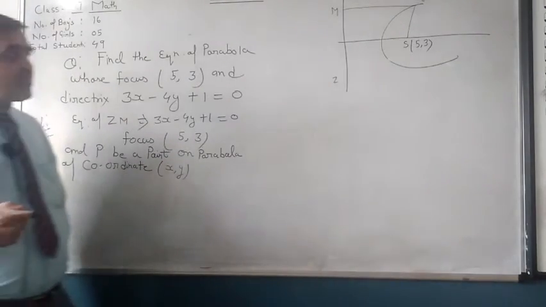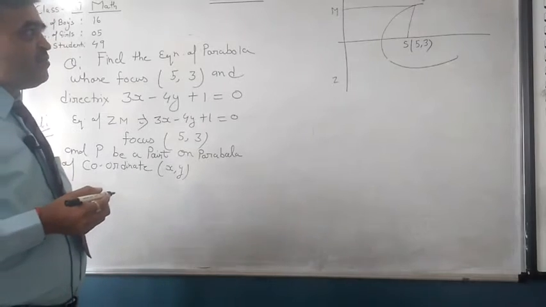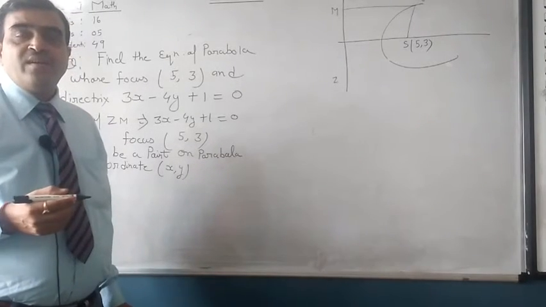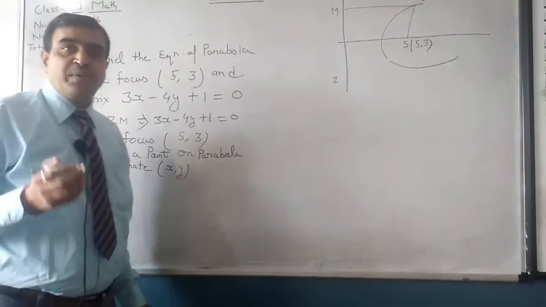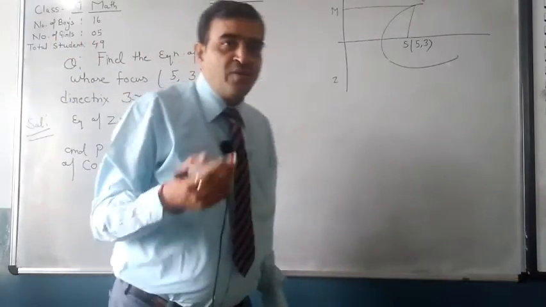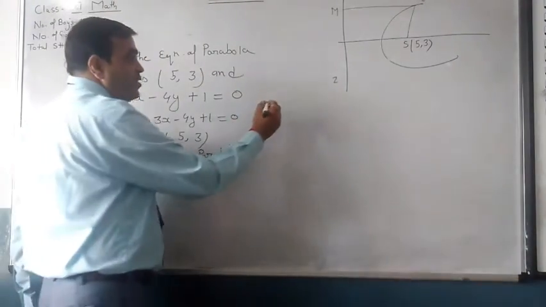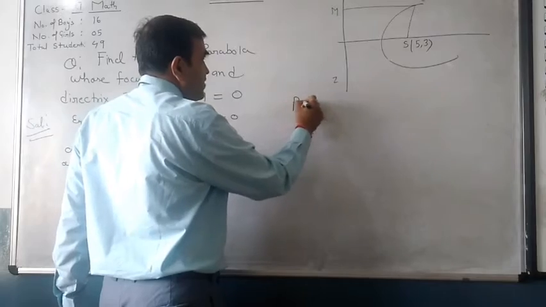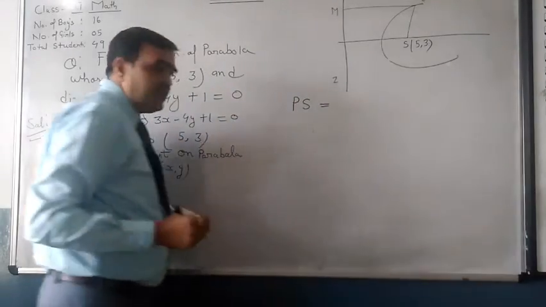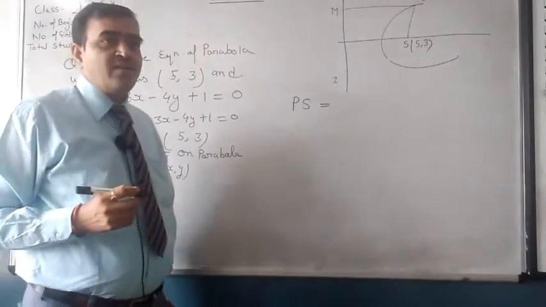First we find PS and then we find PM. After that, according to the definition of parabola, PS is equal to PM, and we put in the values. So first find PS. Then we use the distance formula.